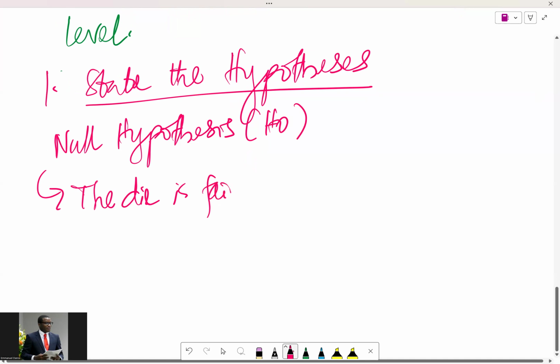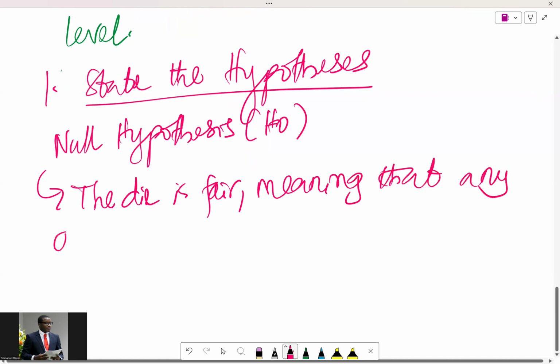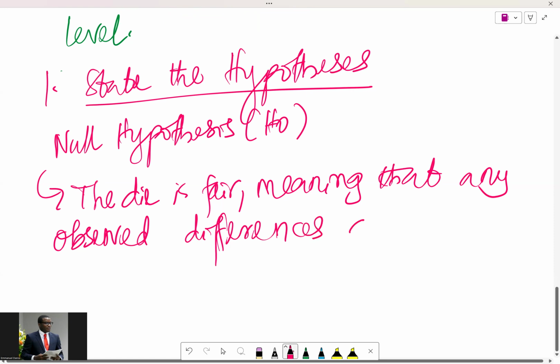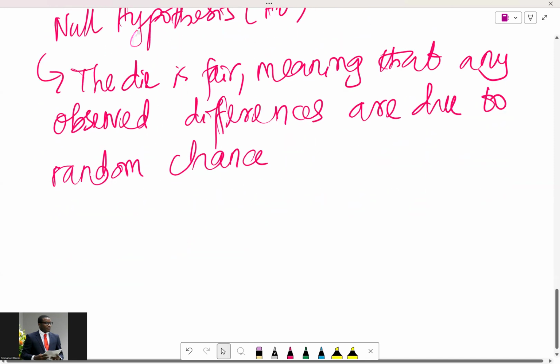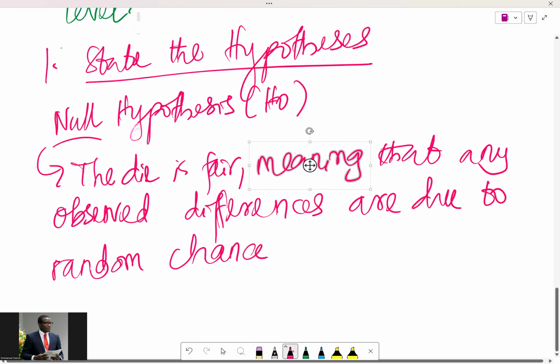That simply means that any observed differences are due to random chance.